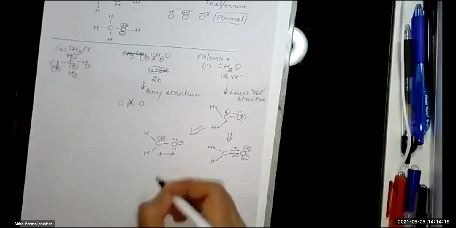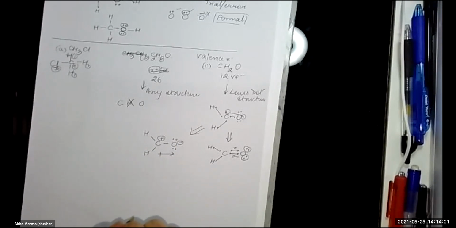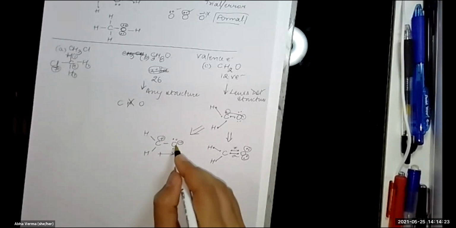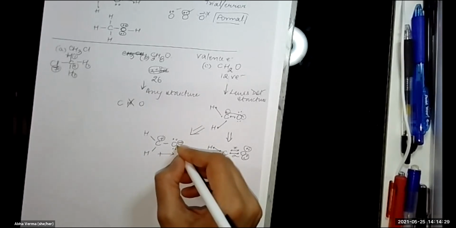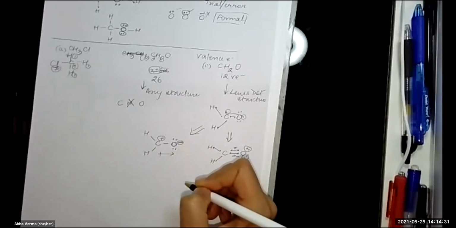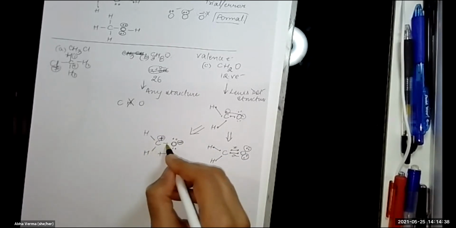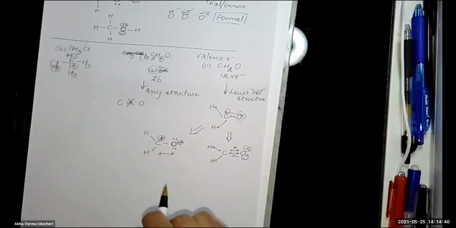Because of the polarity, and because oxygen is electronegative, I will give the negative charge. The oxygen will carry the negative charge and carbon will carry the positive charge. How many bonds is carbon making? 3.